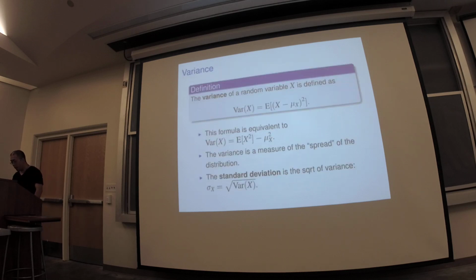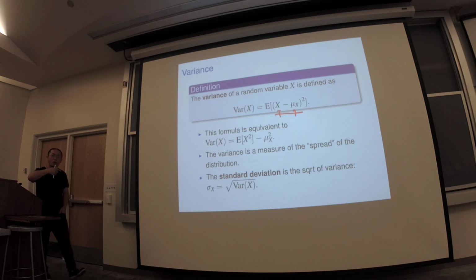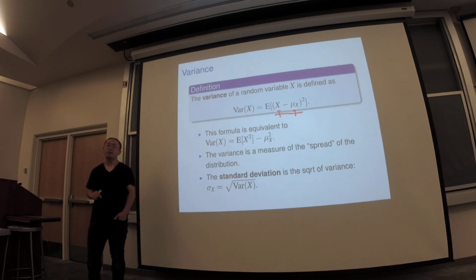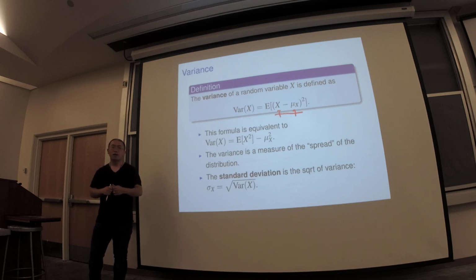Variance. The variance of a random variable is defined as the expectation of the squared distance between the random variable and the expectation of x. Basically it says, on average, how far your random variable jumps from its expectation. So the larger the variance, the more uncertain your random variable.